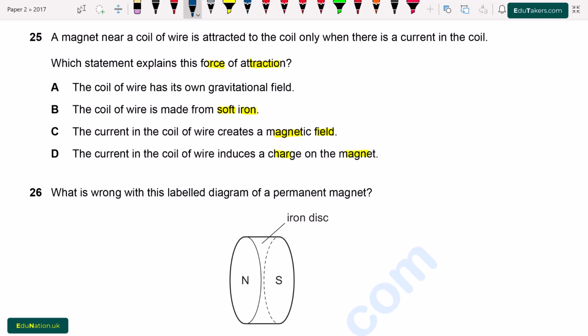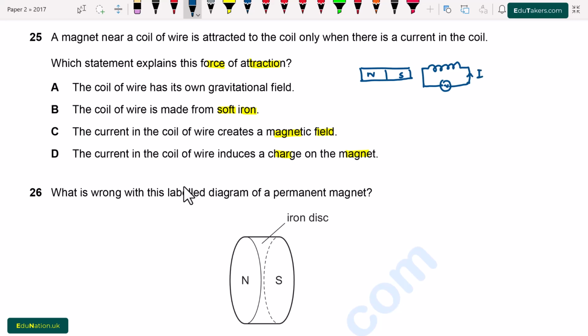So first of all, here is the magnet. A magnet has two poles, south and north. Next, there is a coil that is close to the magnet, and there is a current passing through this coil.